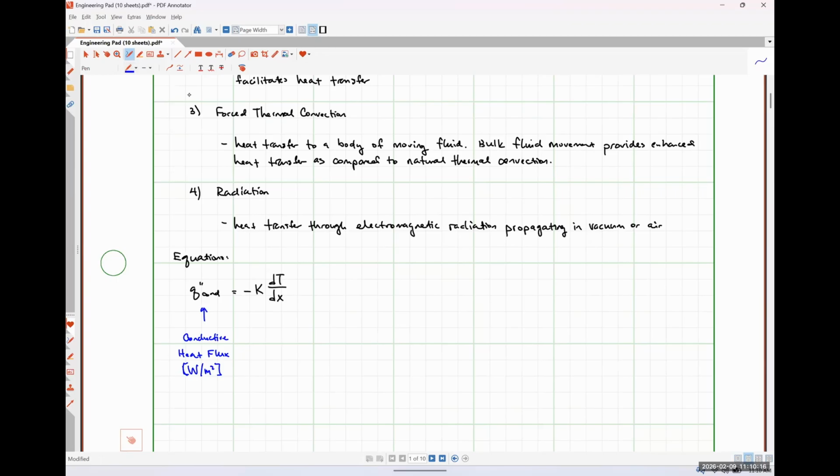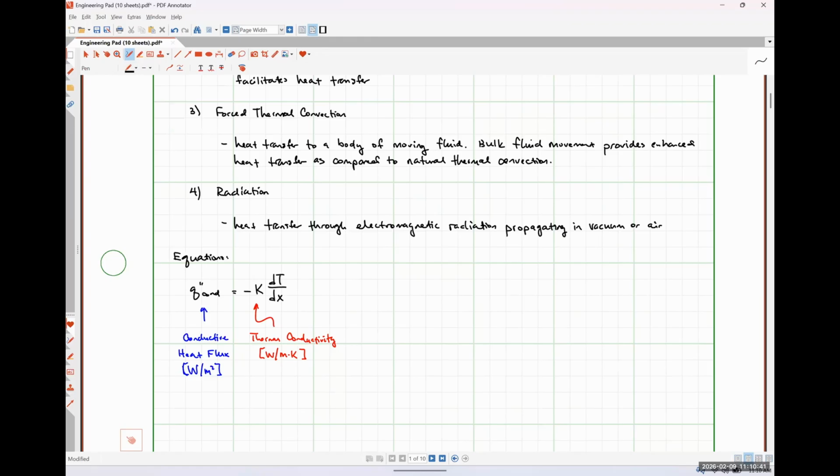So this K is the thermal conductivity measured in watts per meter Kelvin.